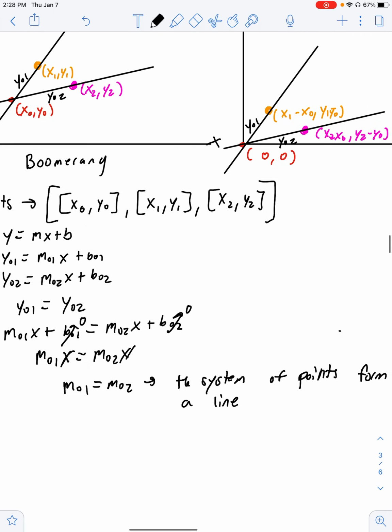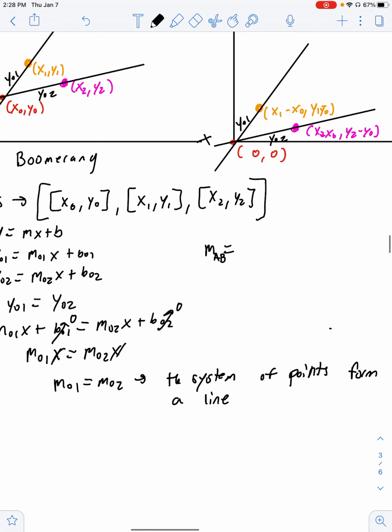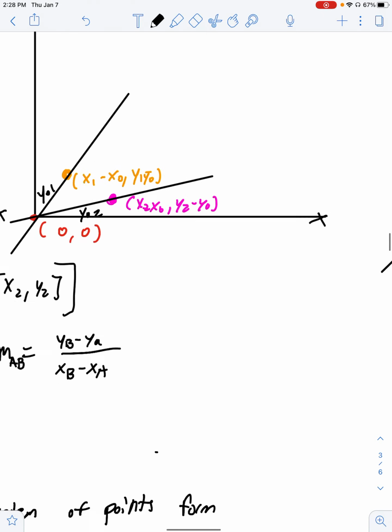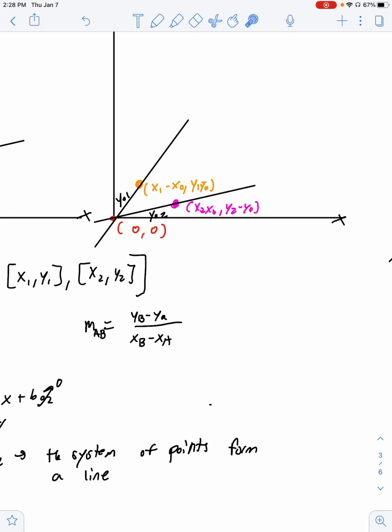So if you remember going back all the way to equation of a line, the slope from A to B equals YB minus YA over XB minus XA. So if we wanted to find the slope associated with Y01, we can just use these 2 points.